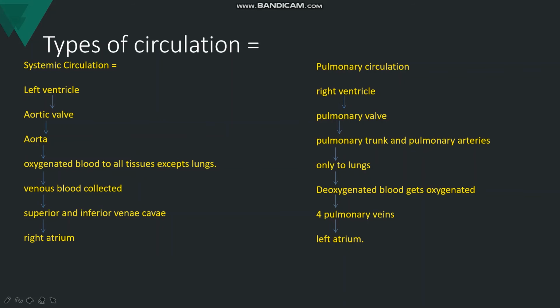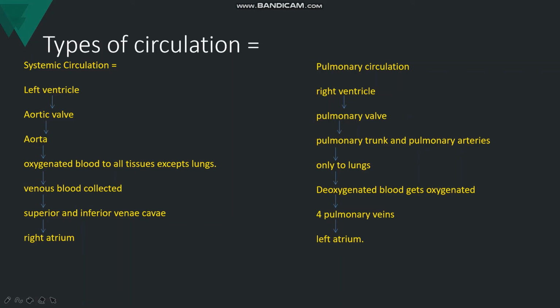So the types of circulation that we can see in the heart are systemic circulation and pulmonary circulation. From the left ventricle, the blood goes to the aortic valve, then to the aorta, and the oxygenated blood is provided to all the tissues except the lungs. Then the venous blood is collected by the superior and inferior vena cava and goes to the right atrium.